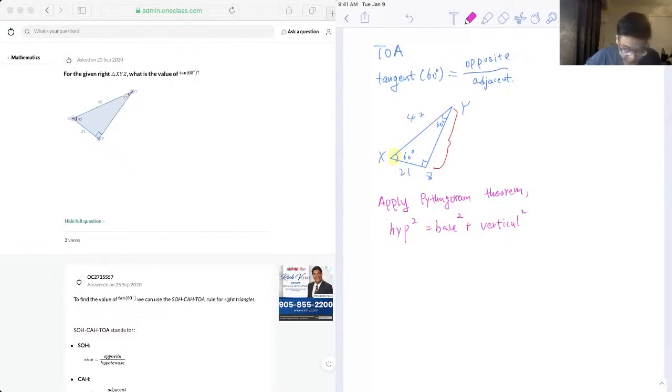And now we move base to the left side, so we have hypotenuse squared minus base squared is equal to vertical squared.